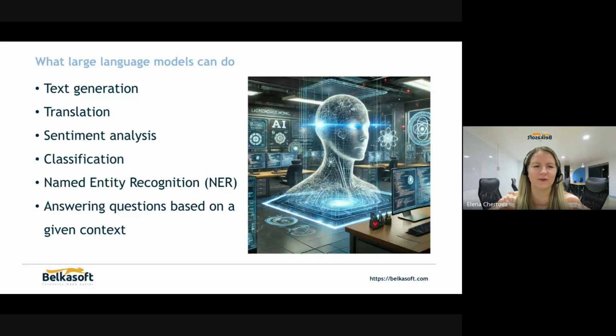Yeah, that's what I agree with. And like this list, I think it kind of mimics all the things that you've mentioned. The thing is, large language models were initially made to recreate a model of human language, to understand all the structures and patterns of use of the human language, and to be able to perform some natural language processing tasks like text generation, translations that you mentioned, and sentiment analysis, classification, you name it.